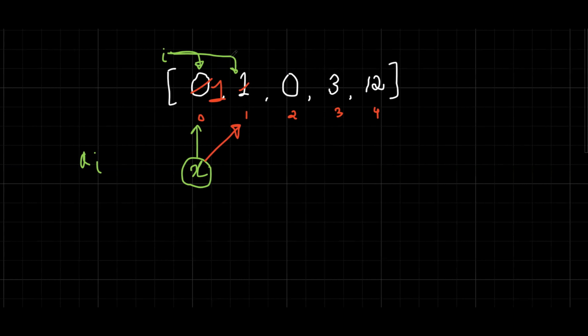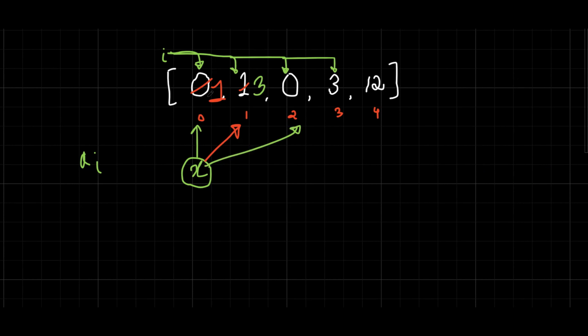So now our x is pointing towards the second index. Now, currently our i is pointing to this element, which is equal to 0. So in this case, we have to do nothing. Now again, currently our i is pointing to this element, which is 3, which is obviously greater than 0. So we have to put 3 into the x index, where we have to put 3 here. Now our x will point to this element. So far, so good.